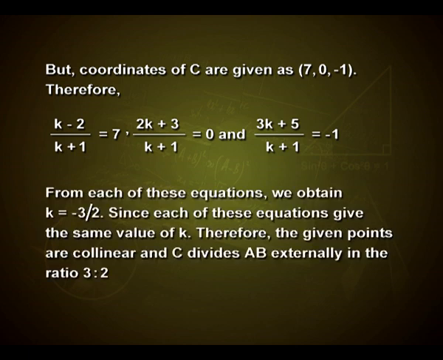From each of these equations, we obtain the value of k as -3 upon 2. Since each of these three equations give the same value of k, therefore, the given points are collinear and C divides AB externally in the ratio 3 is to 2.